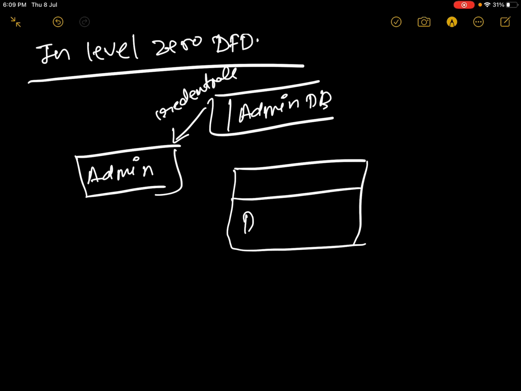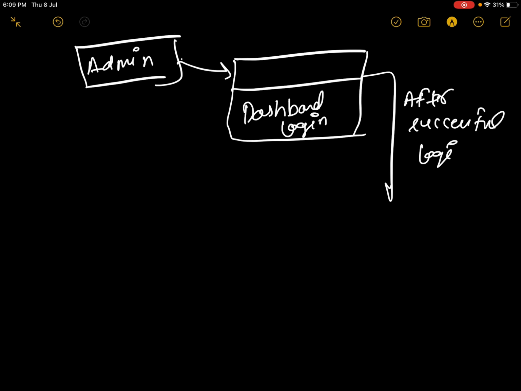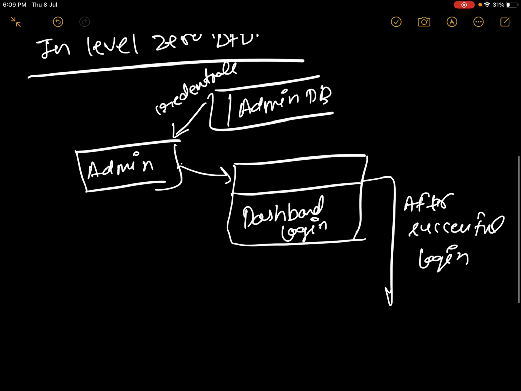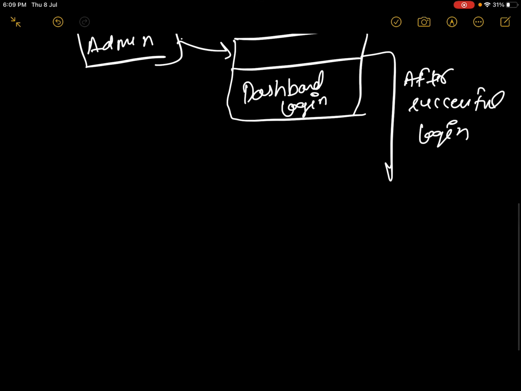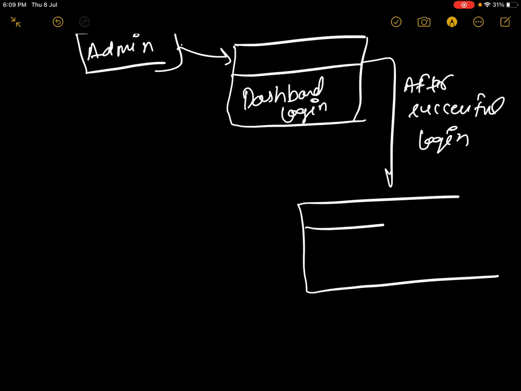This is basically the login dashboard. Okay, so use that data in the login dashboard. Okay, after successful login, data is coming from this database. After successful login, admin can apply multiple operations on the student dashboard.